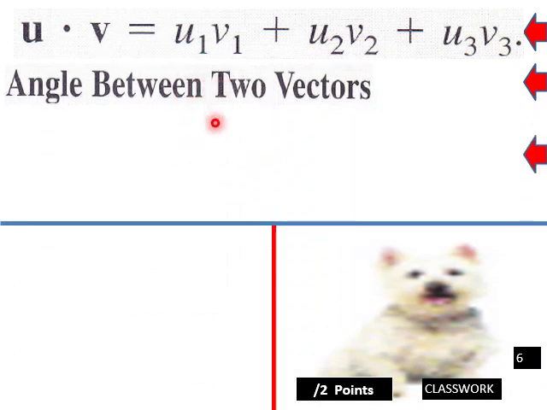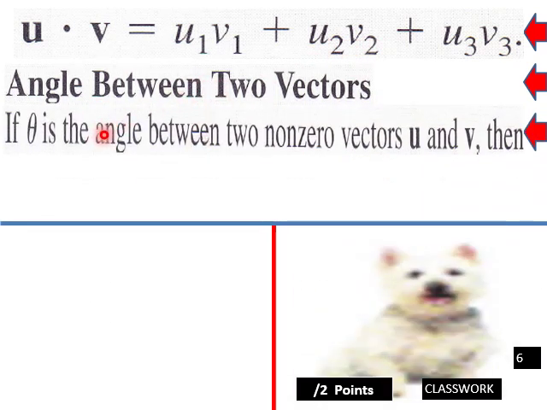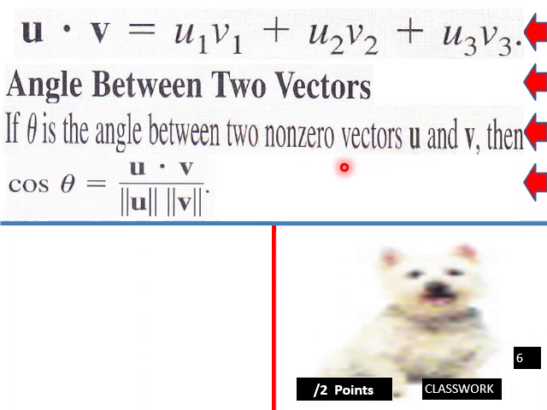The angle between two vectors: if theta is the angle between two non-zero vectors u and v, then cosine theta equals u times v over the magnitude of u times the magnitude of v.